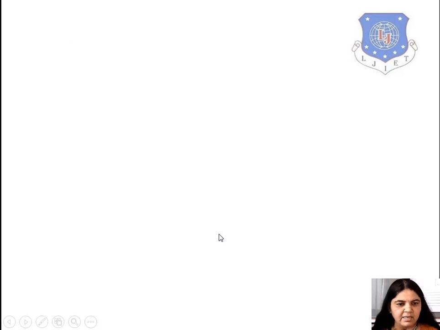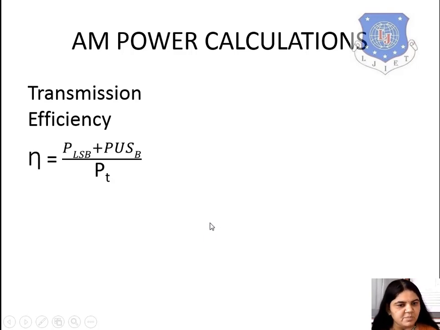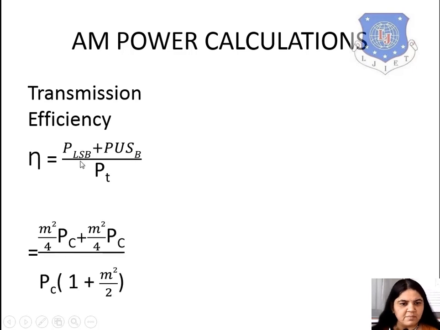Now the next thing is transmission efficiency. What is the transmission efficiency? It is the ratio of the power required to transmit the information to the total transmitted power. As I said, the sidebands contain the information. So it is PLSB plus PUSB upon PT. PLSB, we know, is m square by 4 PC.